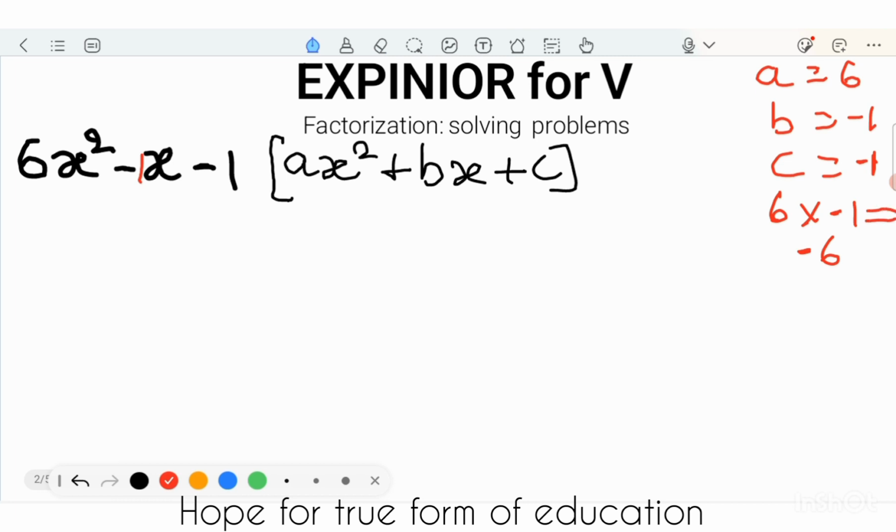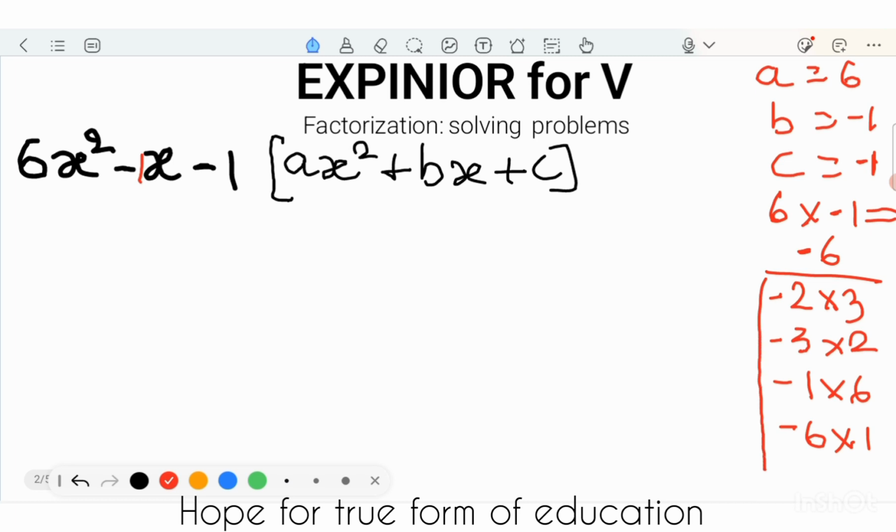Now what will be the possible factors of minus 6? Minus 2 into 3, or minus 3 into 2, or minus 1 into 6, or minus 6 into 1, right?